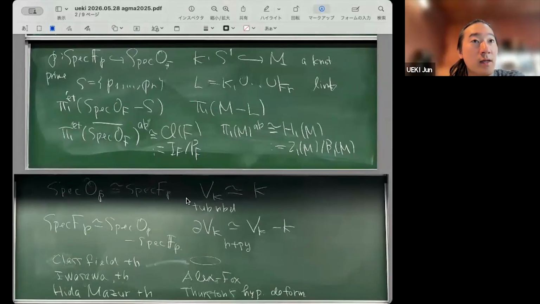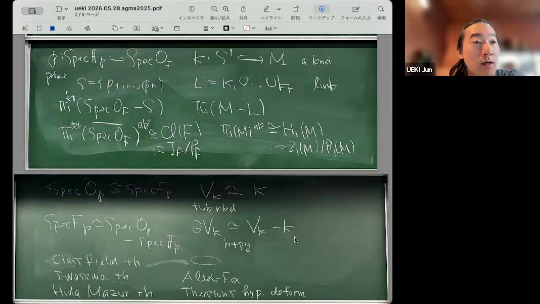And we also have the analogy between local theory: the ring of p-adic integers and the residue field, and the field of p-adic numbers, and the residue field, a finite field, correspond to a tubular neighborhood, and the boundary of the tubular neighborhood of the knot.